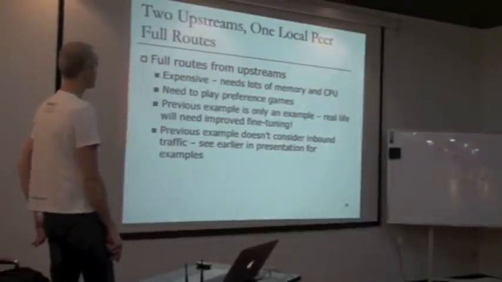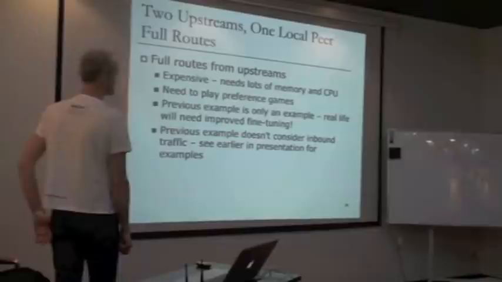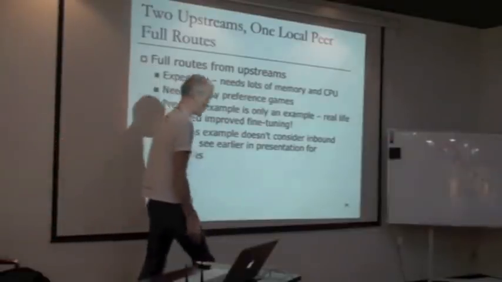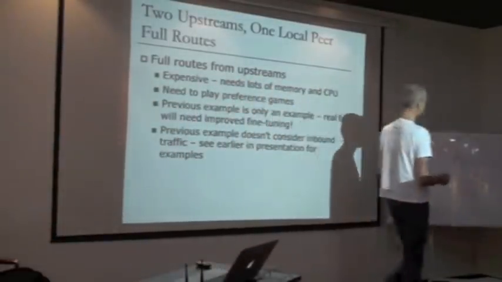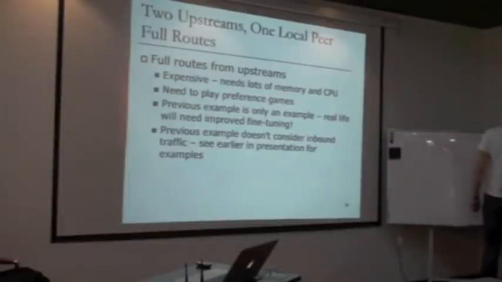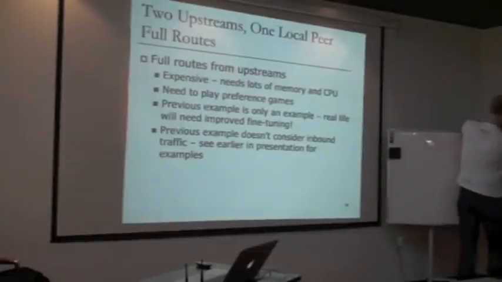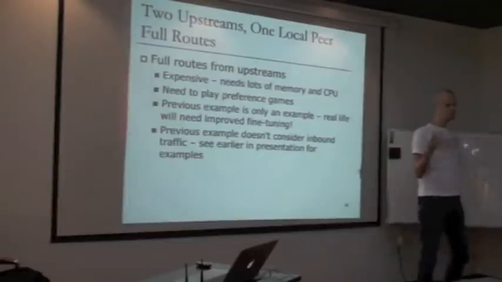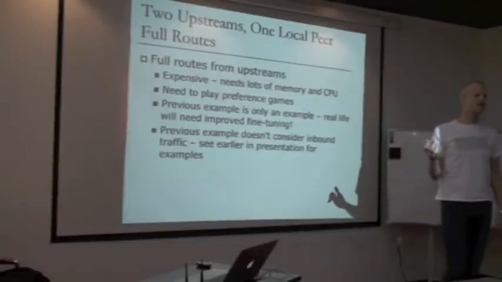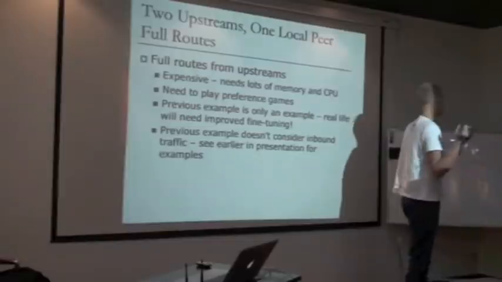Okay, so summarizing that, full routes and upstreams, it's expensive, needs lots of memory and CPU. Well, I'll tell you why. So here we've got the full routes example. I'm going to draw a table. So from AS130, well, BGP table today, 410,000 prefixes.